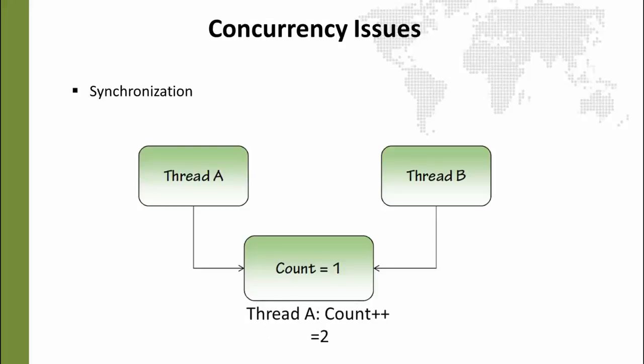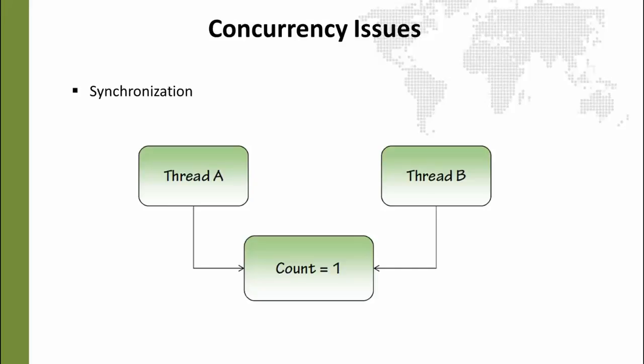Thread A increments the value, so 1 plus 1 is 2, and then let's say it even stores it. So thread A will store a 2 in there. Thread B will then come in and decrement the value, so it had a 1, it decreases by 1, so it is 0, and it will store 0. So now what's happened is you have an increment and a decrement, but you have 0 stored. So instead of it being 1, you've actually gone down 1 to 0.